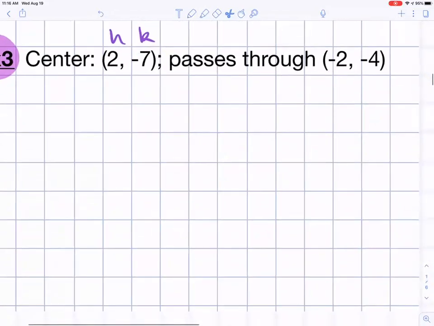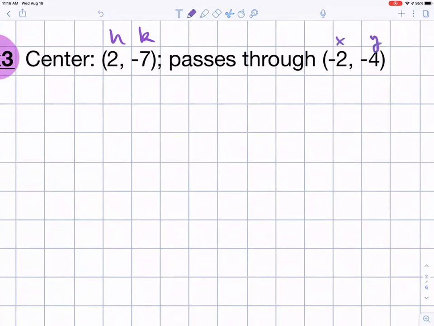So if I'm passing through this point, what are the generic letters for any point? X and Y. So here's an X, here's a Y. Now think back to your standard equation.